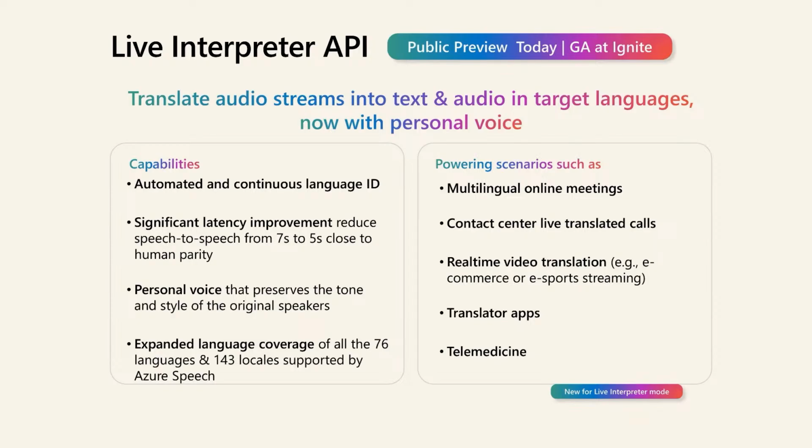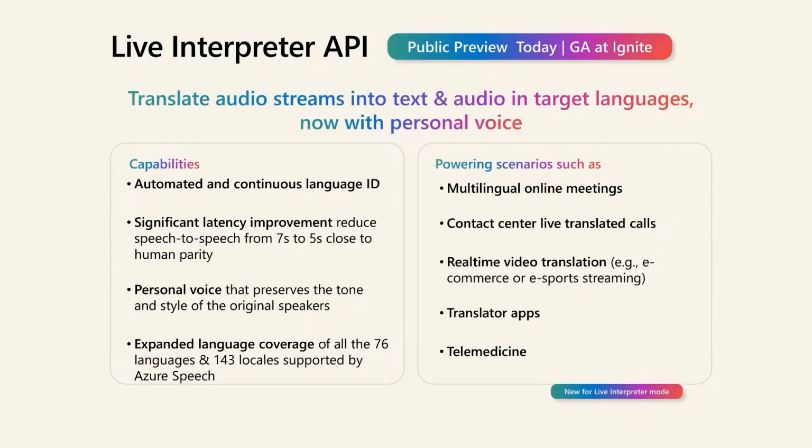Originally we have a real-time speech translation API. It has been GA for quite a while, and it already powers translation applications and devices like Microsoft Translator, Teams, and other customer products. But there are some important gaps when it comes to seamless, human-like interpretation.